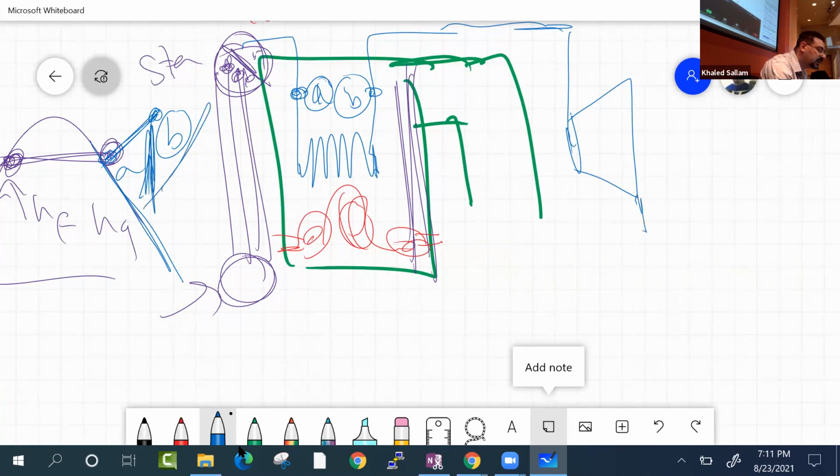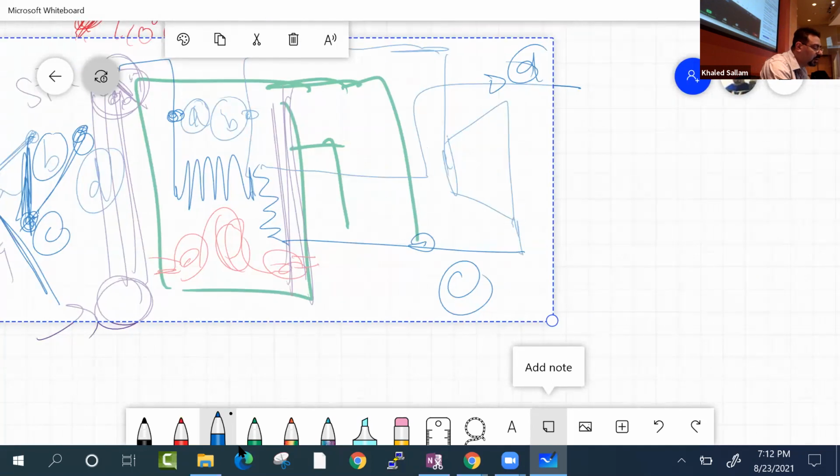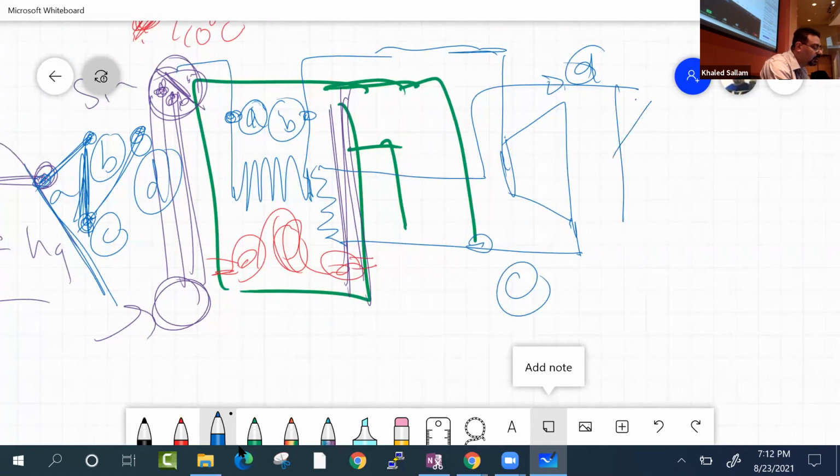You take this and send it again to the furnace and then go to the intermediate pressure turbine. That would be C and D. Once you expand to C, you take it again to the furnace and you reach D. Now you are ready for the intermediate pressure turbine.